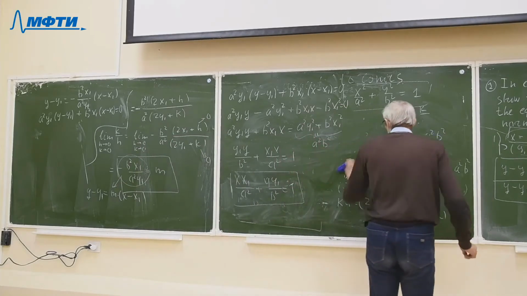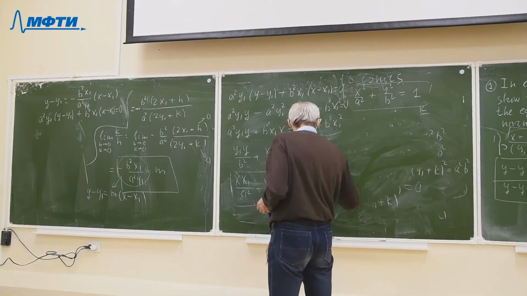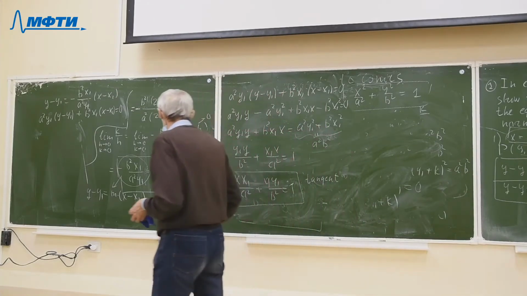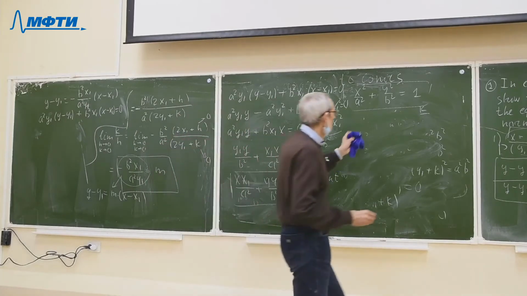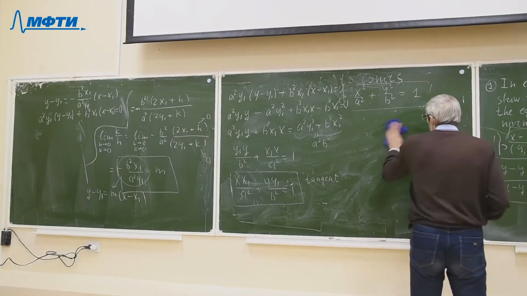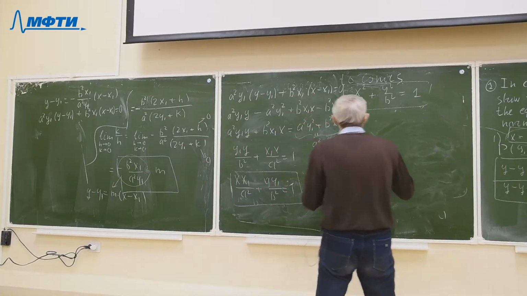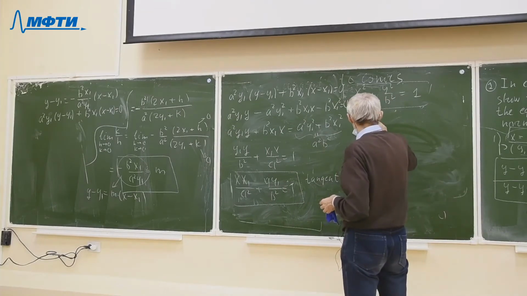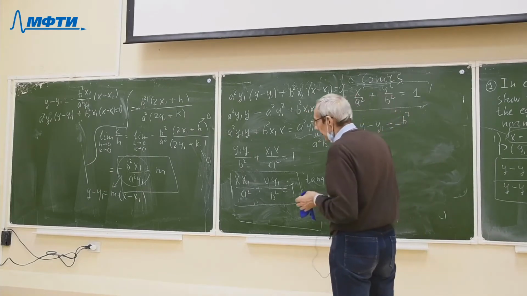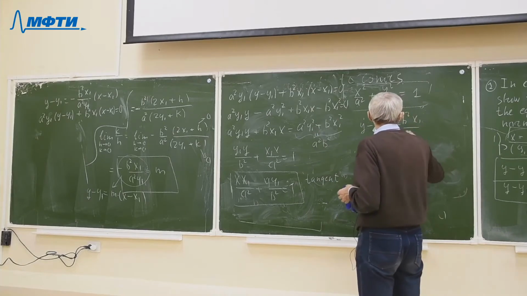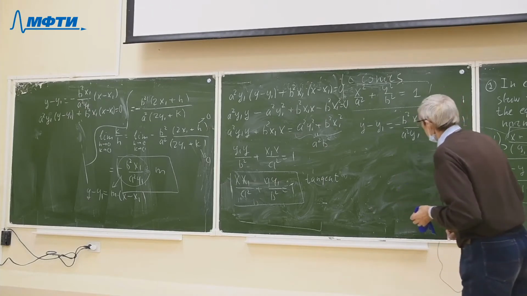The equation for tangent for ellipse. And we obtain the exact value for coefficients, and in this form, the tangent equation for ellipse is the following: y minus y1 is equal to minus b square x1 divided by a square y1 times x minus x1.